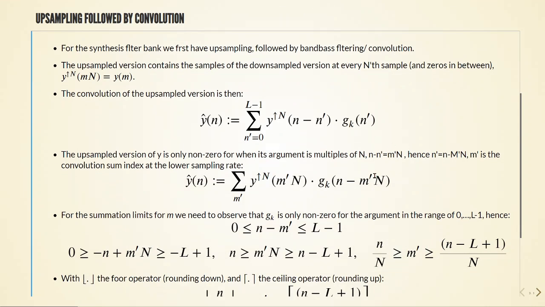So now we have this equation here, and for the summation limits for m, we need to observe that g of k is only non-zero for the argument in the range of 0 to L minus 1.